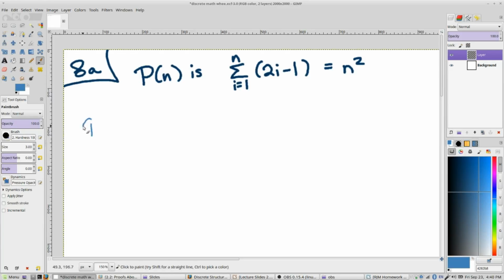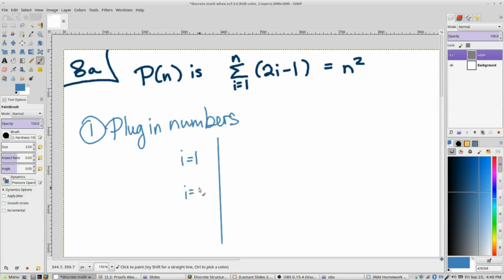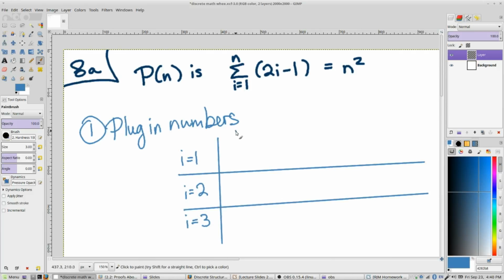But first, let's just plug in some numbers, just to see how this all works. So let's look at i is equal to 1, i is equal to 2, and i is equal to 3. If we have n squared, that's the easier thing to calculate here.